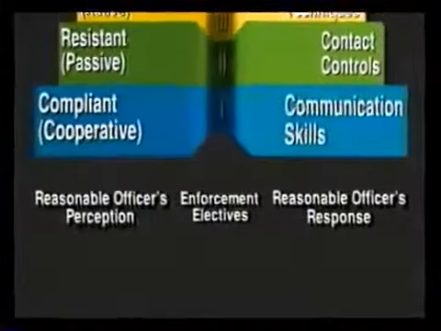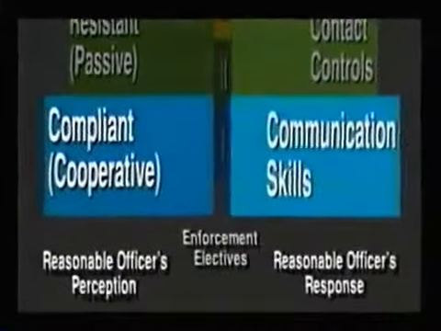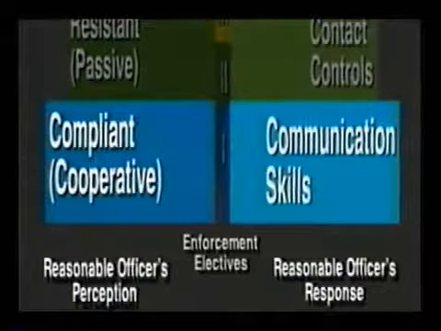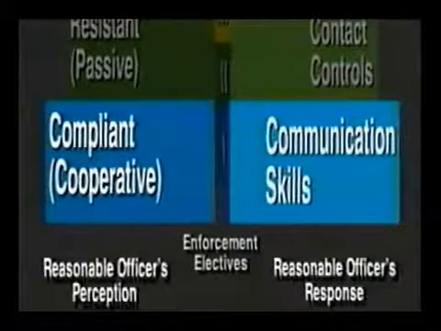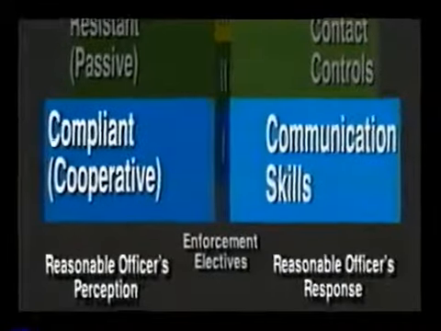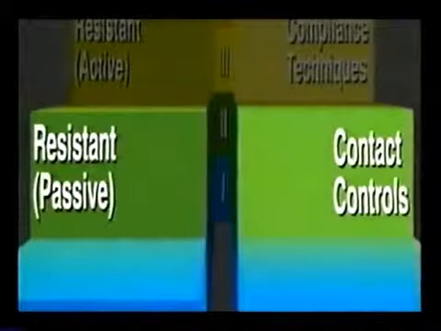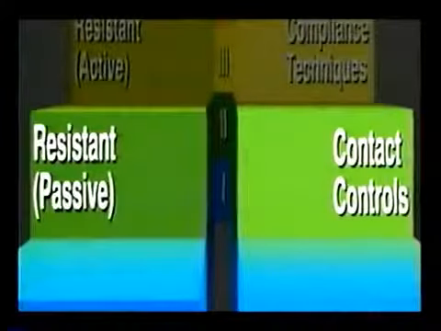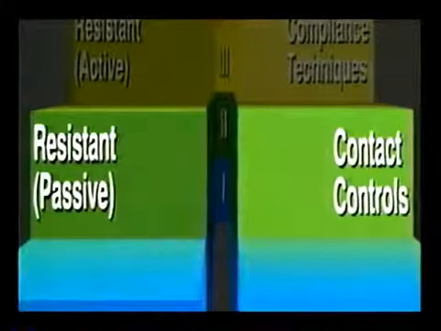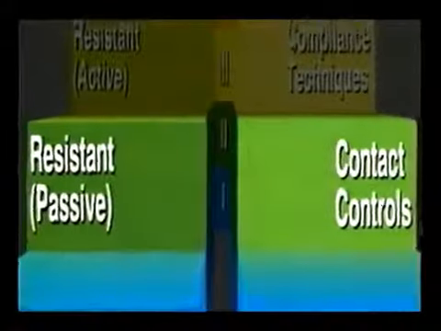So let's briefly recap what the tiers represent. The blue level is the lowest level, representing day-to-day non-threatening activities. The green level represents passive or nonviolent resistance and calls for an increased level of verbal communications and contact controls if necessary.